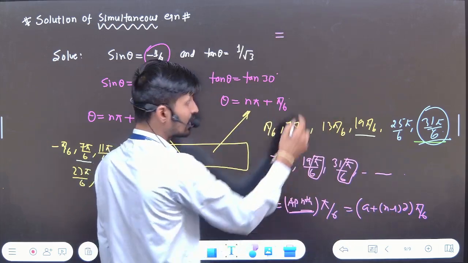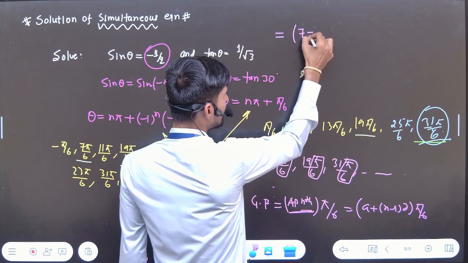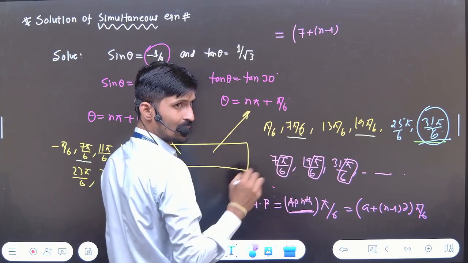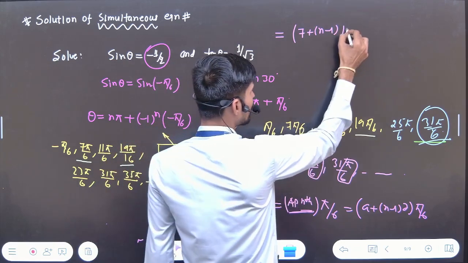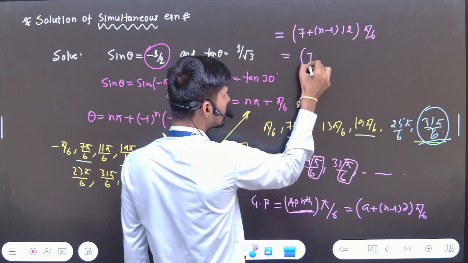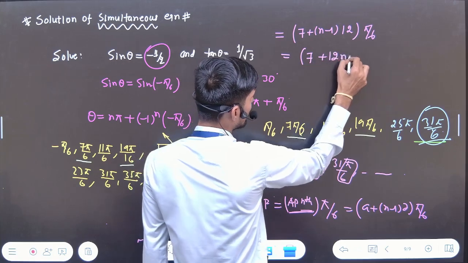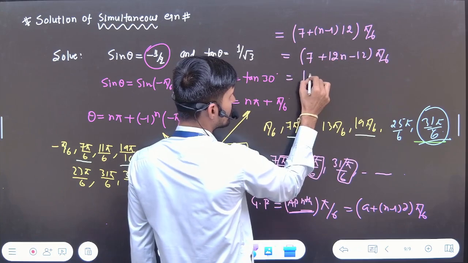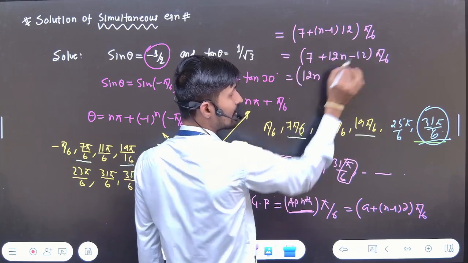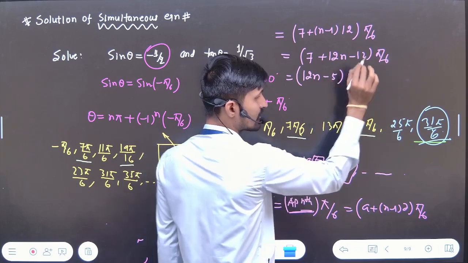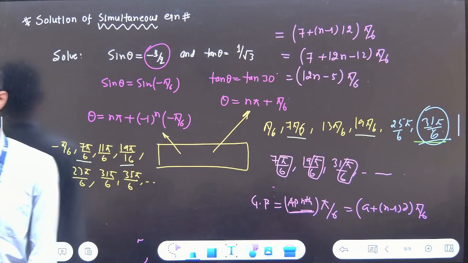So 7 plus n minus 1 into d. 7 and 19, what is the common difference? 12. So we'll write here 12 into pi by 6. Now we got the general formula: 12n, 7 minus 12, minus 5 pi by 6. Done.